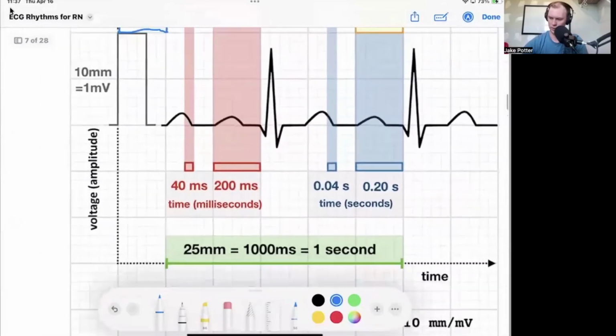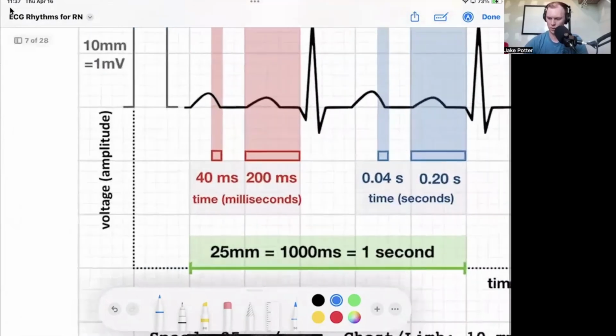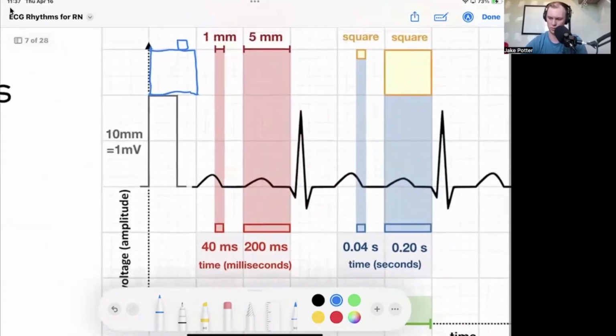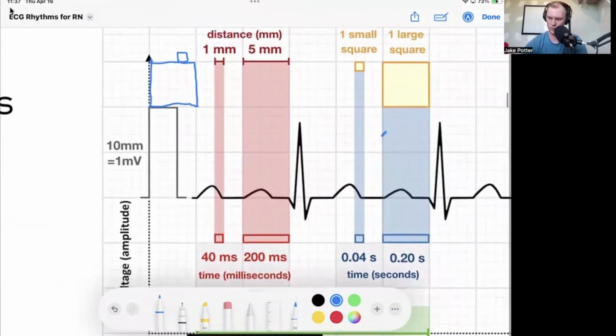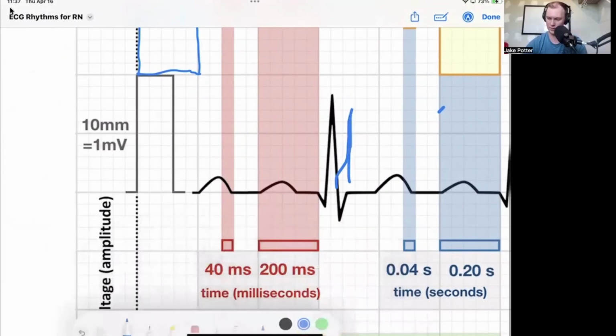And then when we look at time, how much time is elapsing, one small box here is going to be 40 milliseconds of time, and then 200 milliseconds of time is one big box.